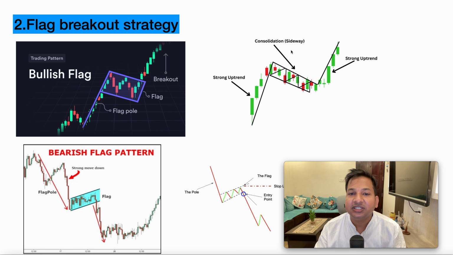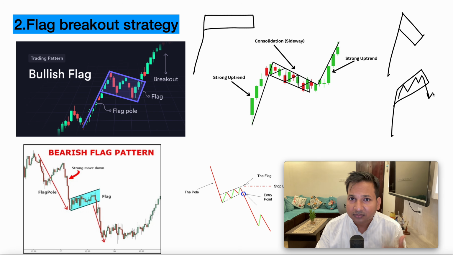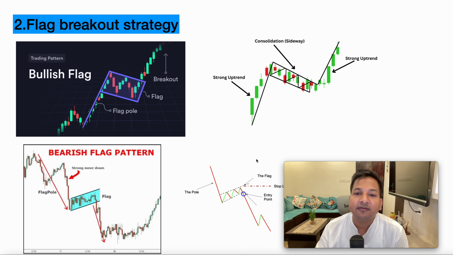A flag which is forming in a horizontal way, like this, that is good, and if it is forming in a downward bend direction, that is also good. But a flag which is made in an upward direction is not at all good. It fails most of the time, so you should not trade this type of flag. These are the best flags to trade. Okay, so this is called the flag pattern.